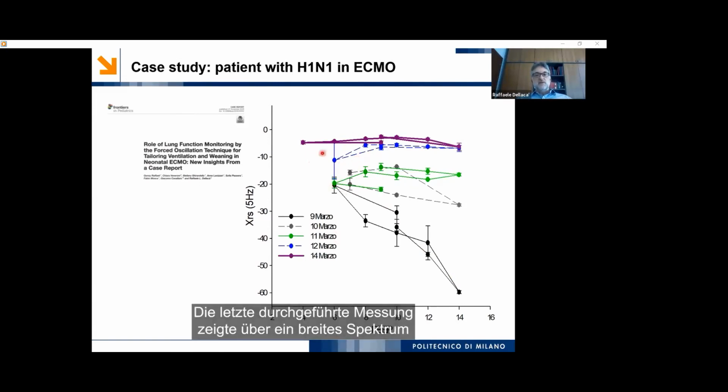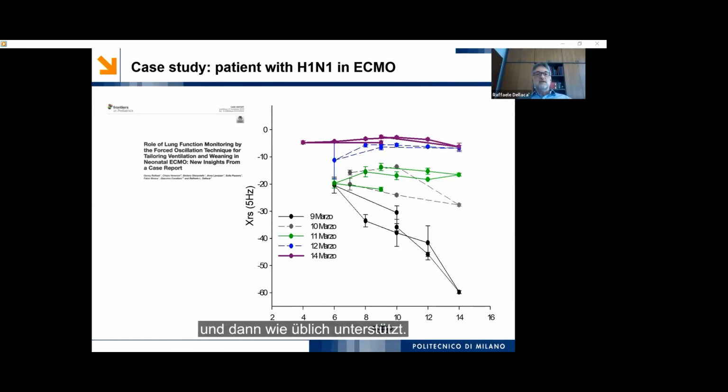The last measurement we have done was showing now a very stable lung for a wide range of pressures, and therefore we decided that the baby was ready to be weaned, and it was actually successfully weaned from ECMO and then supported as usual.